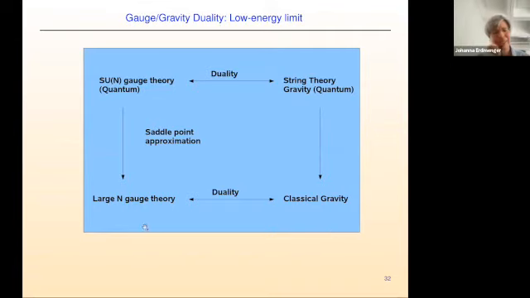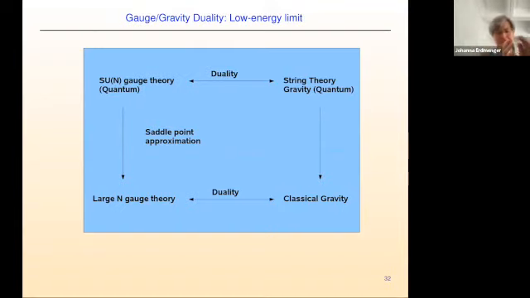The complication is that because I took all these limits, I don't have such direct control over my degrees of freedom. What I managed to achieve in this theory was to calculate the mass of the meson, the mass of this quark anti-quark pair, which is subject to confinement.